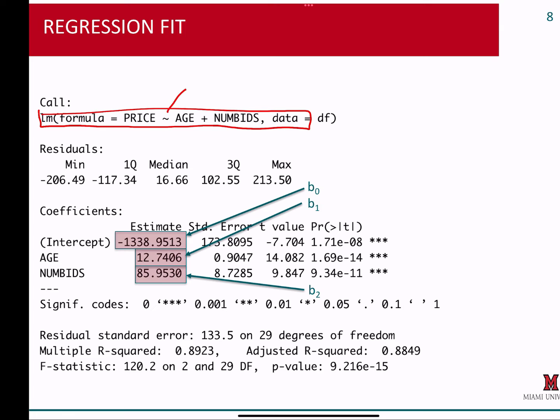The tilde means that the predictor variables are expected next. And basically, if you run this line of code, you would get that regression output. You generally want to save this into an object. For example, you can call this object regression 1, set it equal to that regression equation right there, and then you get the output that looks like this using the summary function. So you can see that there's an estimate for the y-intercept, an estimate for the slope of age, and a slope for number of bidders.